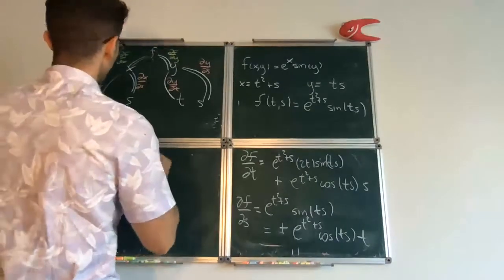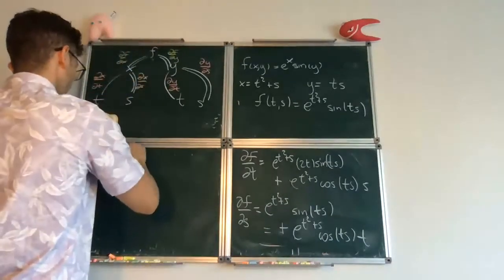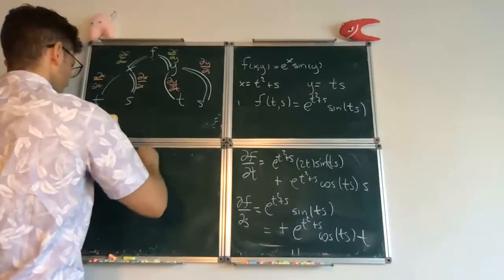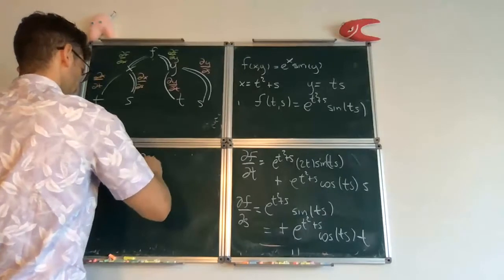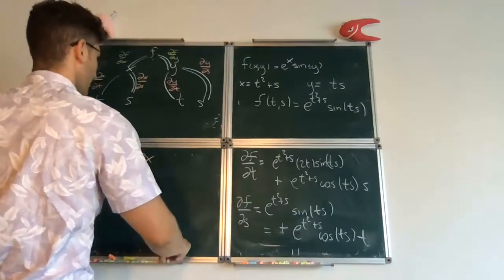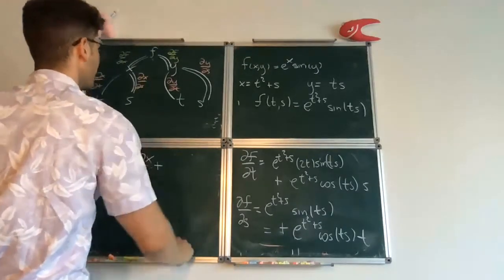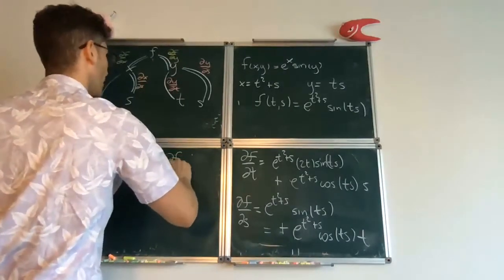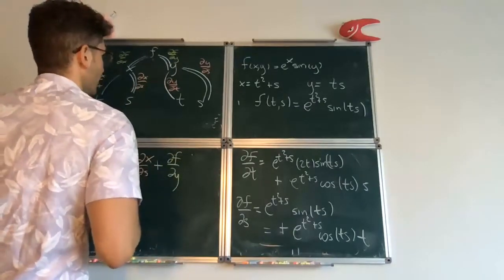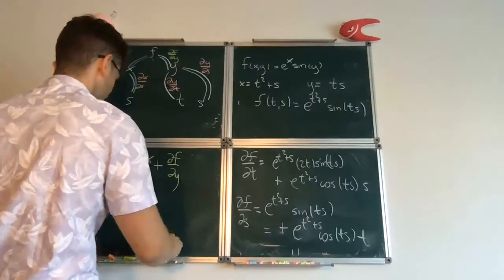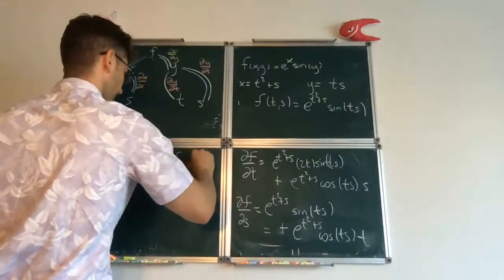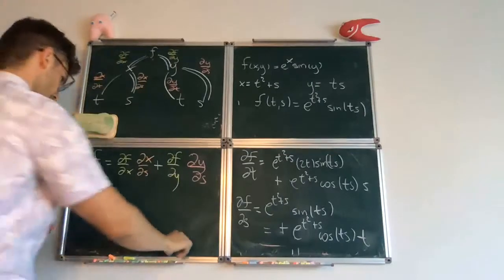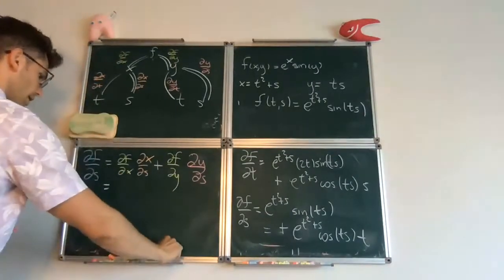Meaning that here, if you start with the first path, you do partial of f with respect to x, and then partial of x with respect to s. And then when you switch branches, to do another contribution, you do now partial of f with respect to y, and then partial of y with respect to s. And then you're good to go.